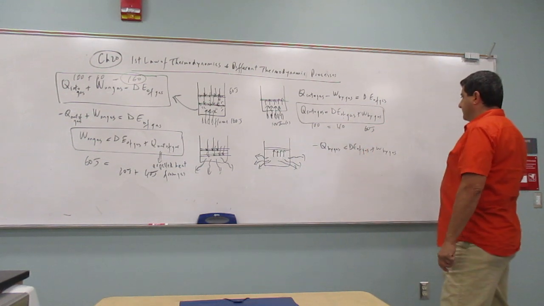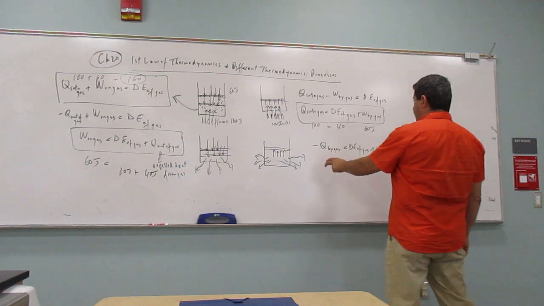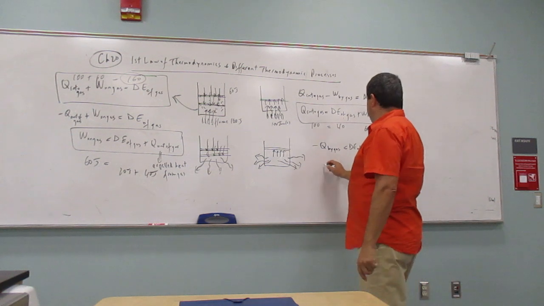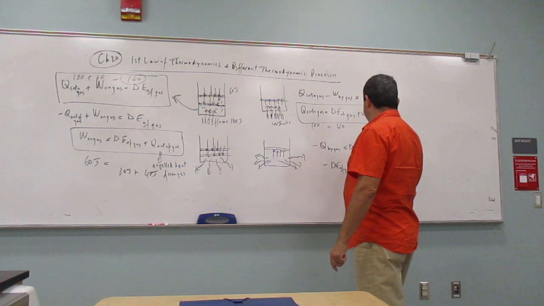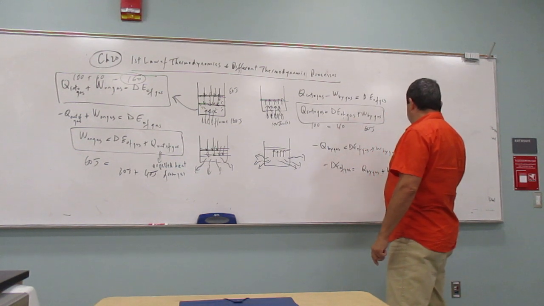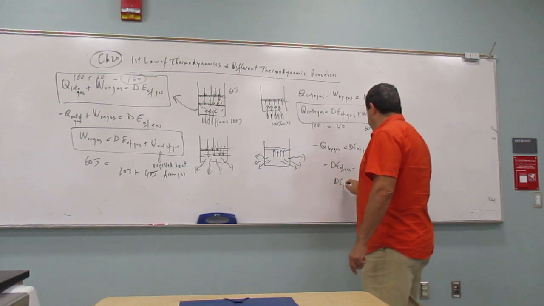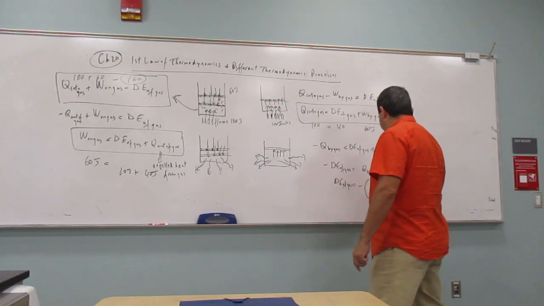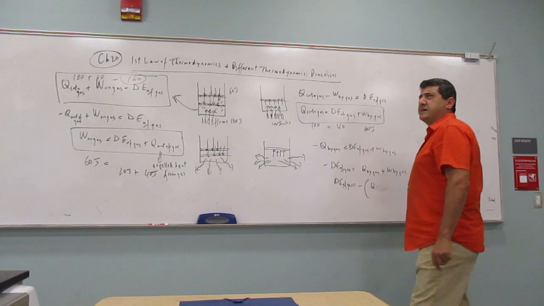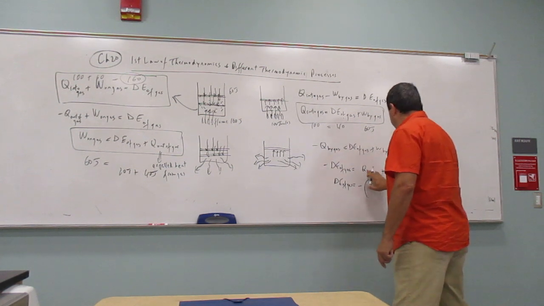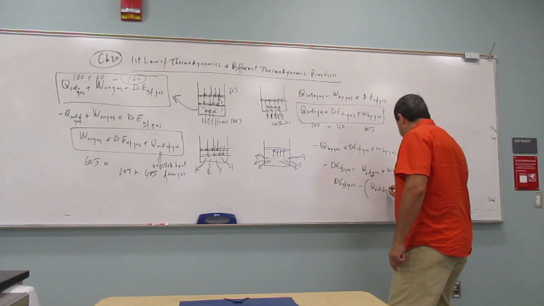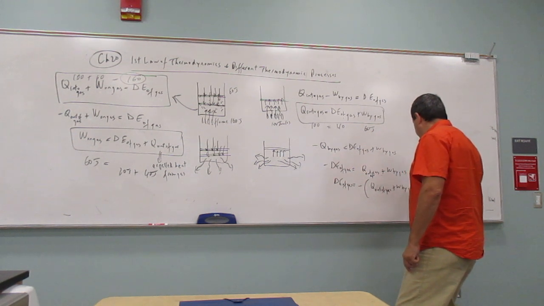So then we can say the best way to write it, take this over there and then bring this over here. So maybe negative delta E of gas is Q by gas plus work by gas, and then delta E of gas is negative Q, I should say Q out of gas, plus work by gas.